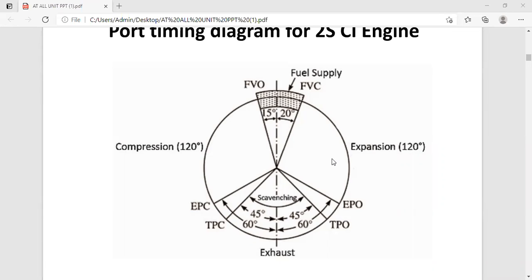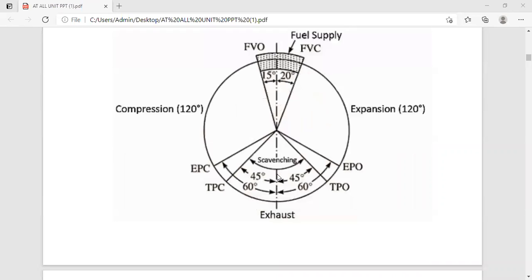And the timing for various events, as we have seen: here the exhaust port opens 60 degrees, and then the exhaust port closes 60 degrees from this point also. Secondly, the transfer port opens 45 degrees and the transfer port closes 45 degrees.